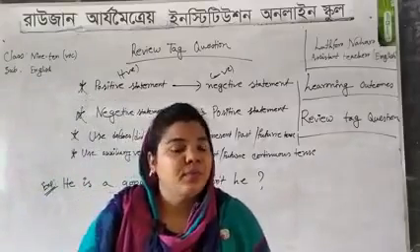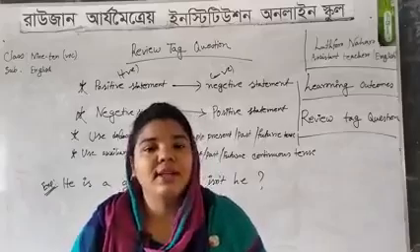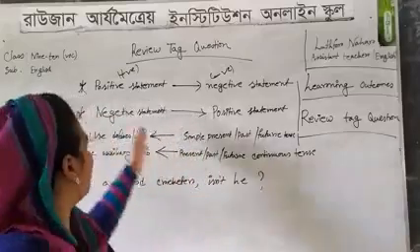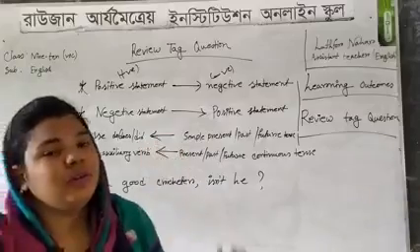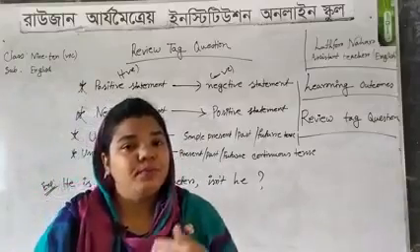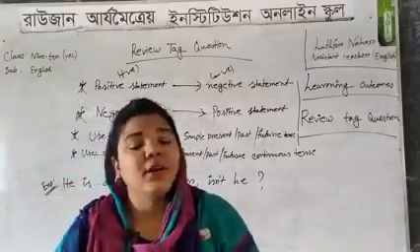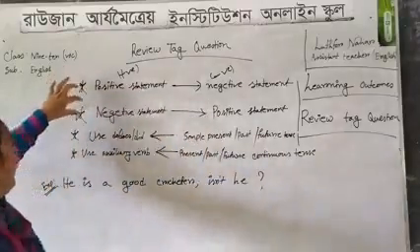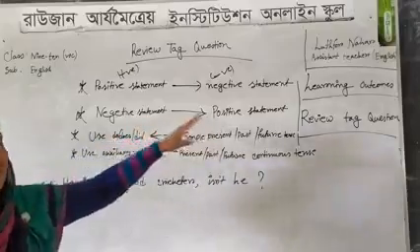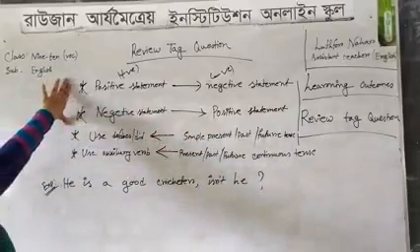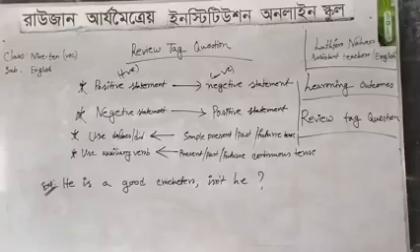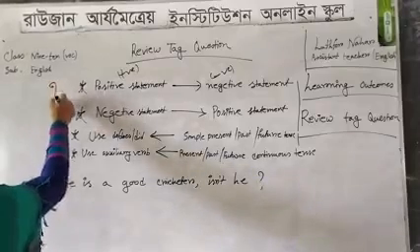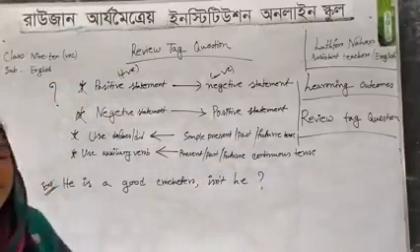I hope you know that in a tag question you have to change the positive statement into a negative statement and the negative statement into a positive statement. This is the main trick, and you should put a question mark at the end of the statement.